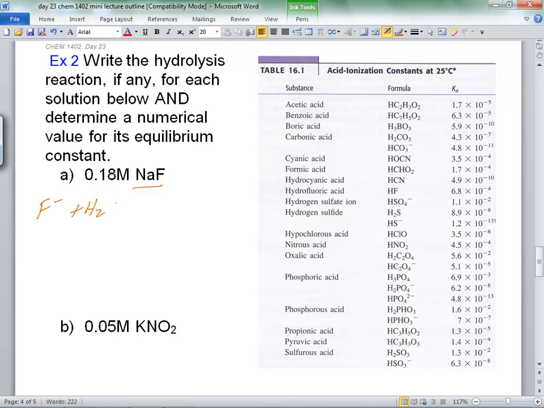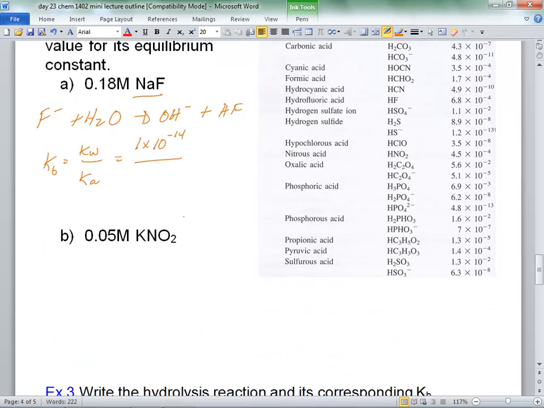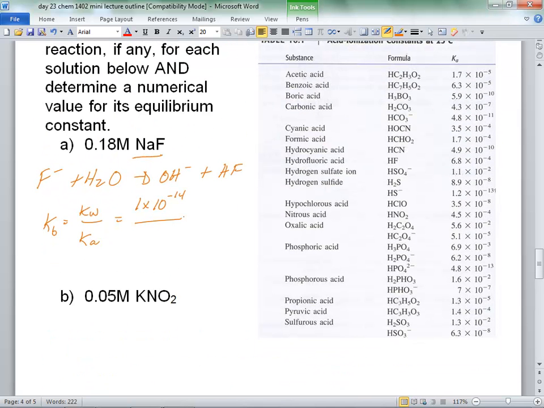And then you've got to give me what the Kb is going to be. 1 times 10 to the negative 14 was Kw. So do that for both of these.